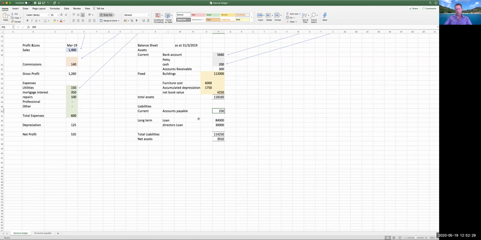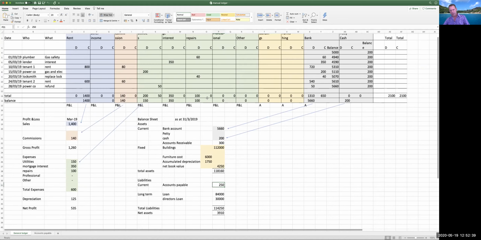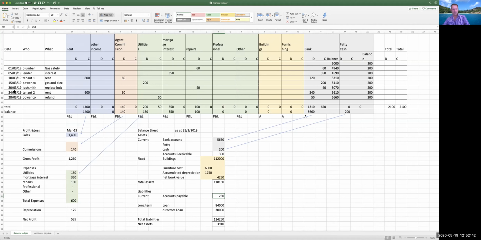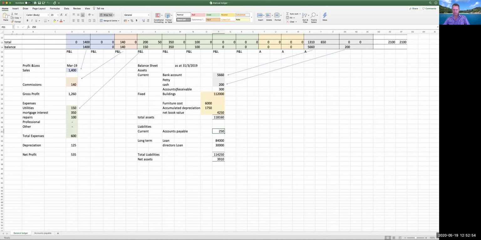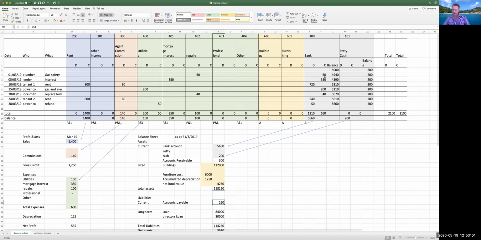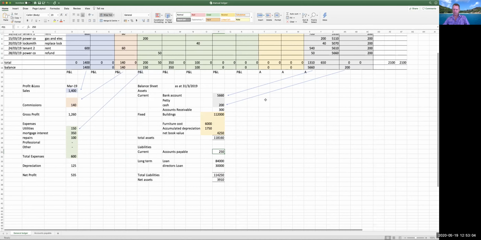Or indeed, it could be invoices that you have literally just paid, but they're not showing in your bank account yet, or invoices that you did pay, but we're dealing with March, and that invoice didn't actually reflect in your bank account until April. So we've got three scenarios of accounts payable and accounts receivable here, and they basically all mean it's not yet reflected in the bank for the period that you're looking at.